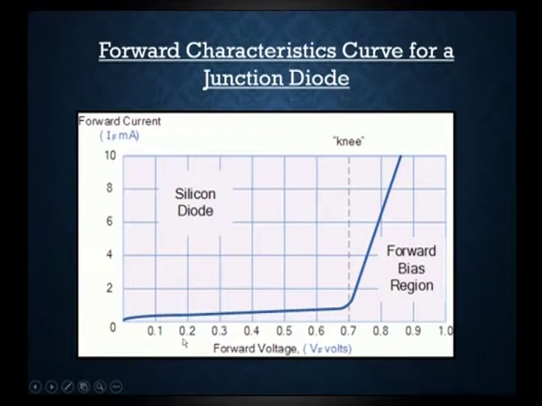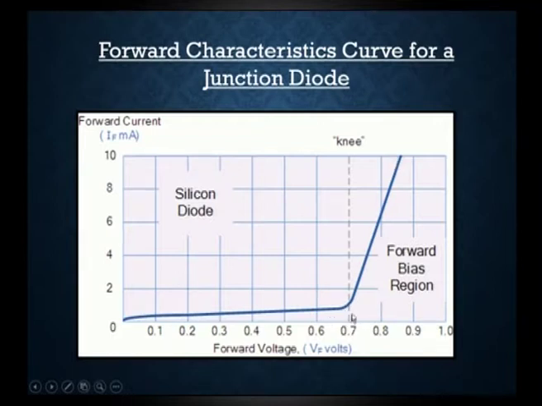Initially, when the voltage is changed, the change in current is very low up to 0.7 volts. After 0.7 volts, for a small change in voltage, the current changes abruptly. The increase in current is very high here, even for a small voltage.